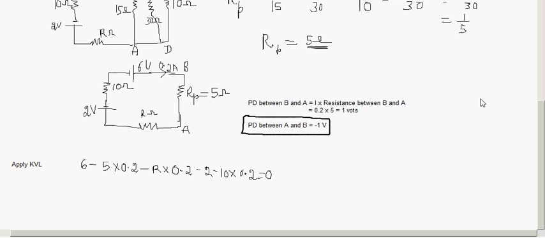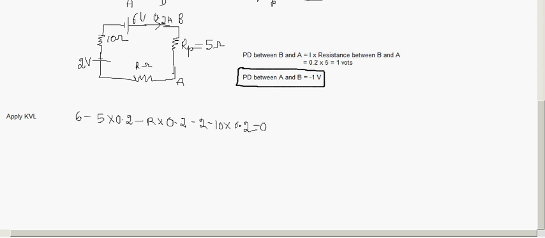Or this is 6 minus 1, minus 0.2 R, minus 2, equal to 0.